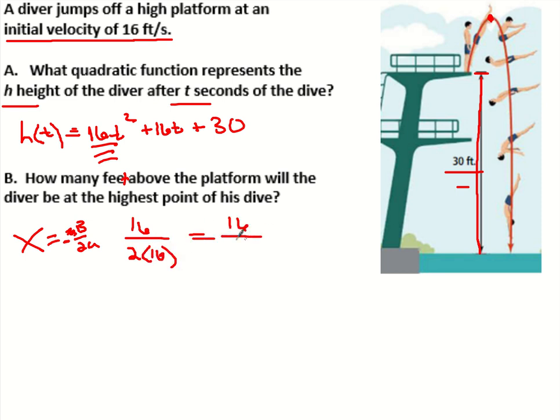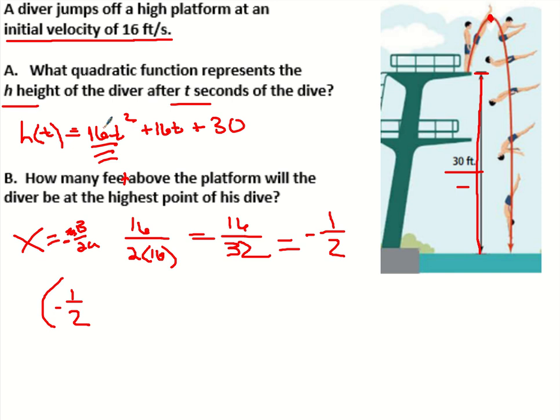So that's negative 16 over negative 32, which is 1/2, and it's positive, and that makes sense because we have an upside down parabola. So at 0.5 seconds is where we're going to have our velocity. Okay, that means where we're going to have our x value.